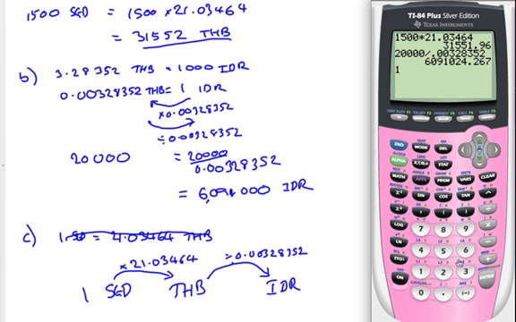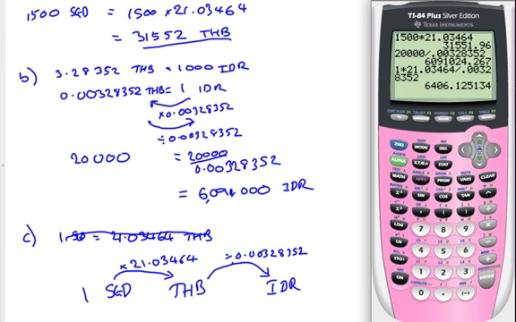So let's just do that. Take $1, that's times by 21.03464, and then let's divide by 0.003285352.